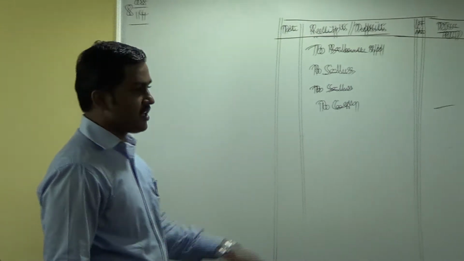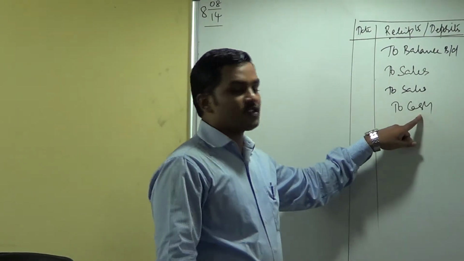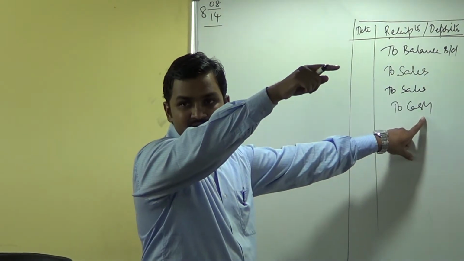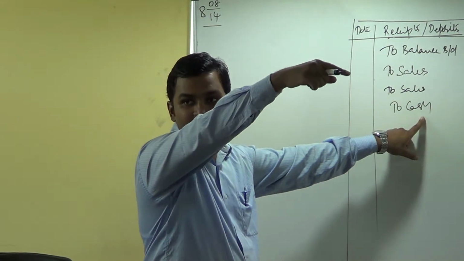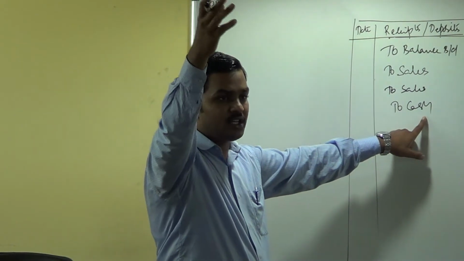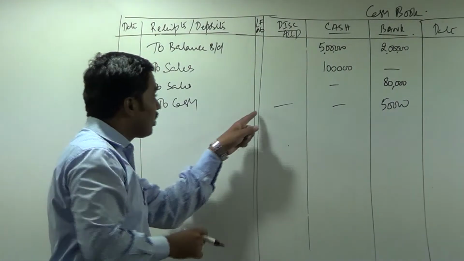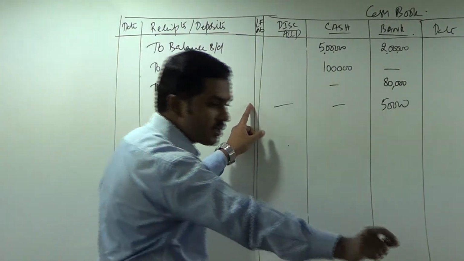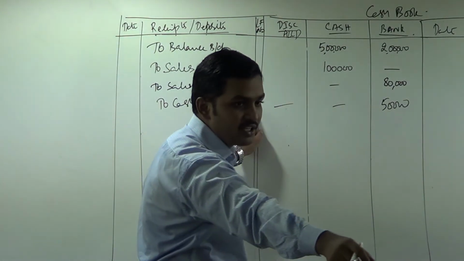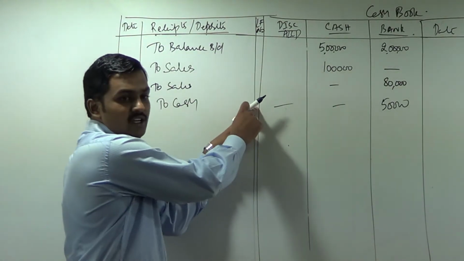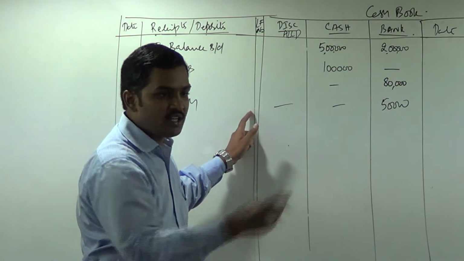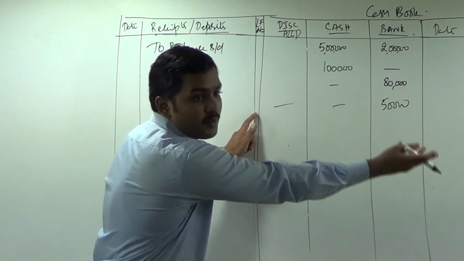Now, in this case, if you want the corresponding posting in the ledger account, you cannot go to any ledger account because the credit posting is also done within the same book. Normally, what do we write in the LF number column? We note the page number in which the posting is done in the ledger. But here the posting is not done in the ledger, it is done in the same book on the opposite side.